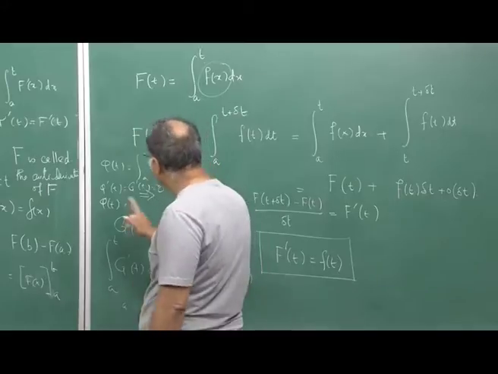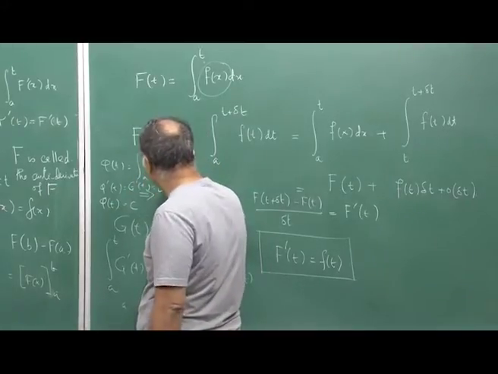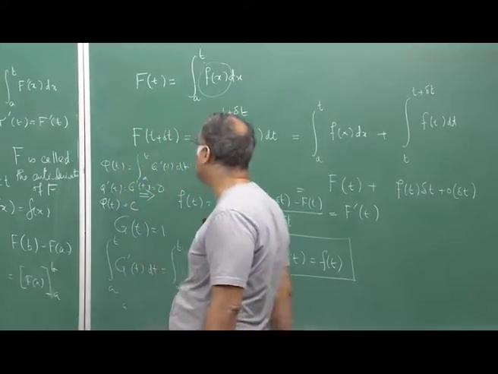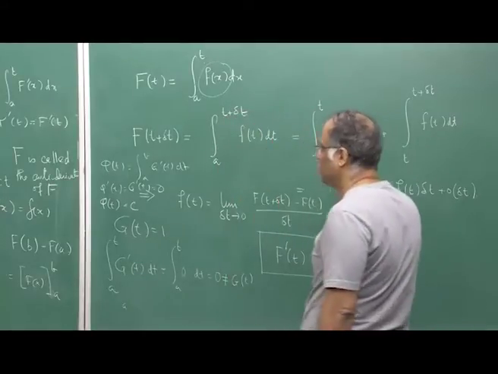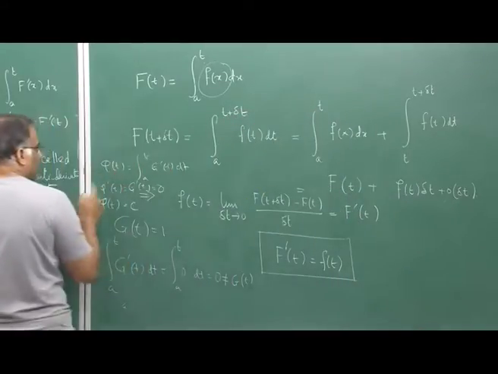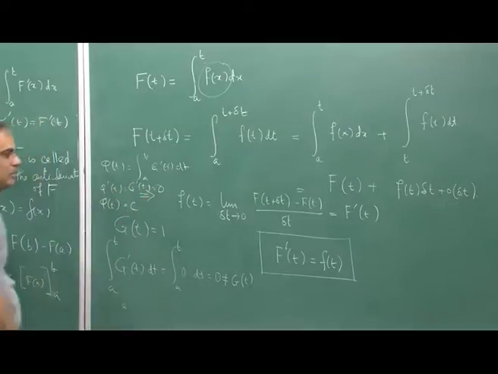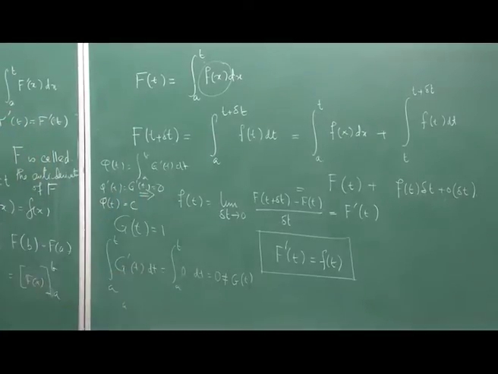So no, integral a to b of g dash t dt represents this 0 function, because if you call it phi t, then phi dash t should be g dash t and phi t should be equal to c.